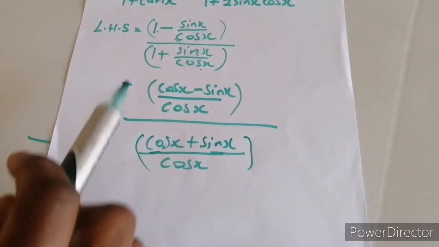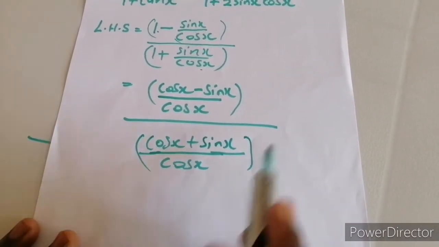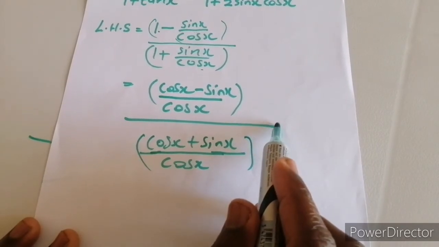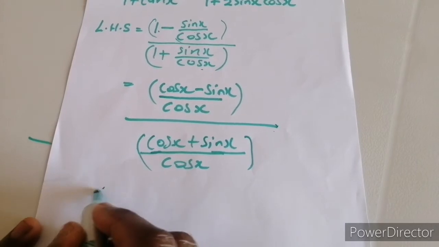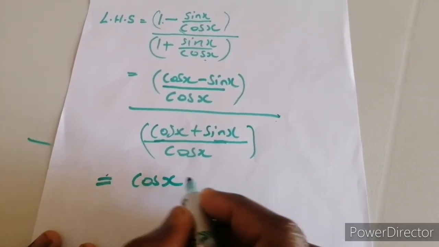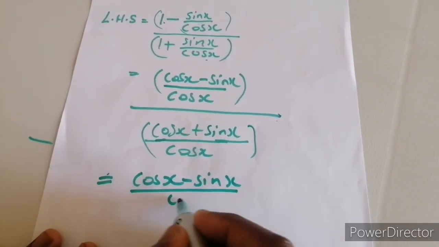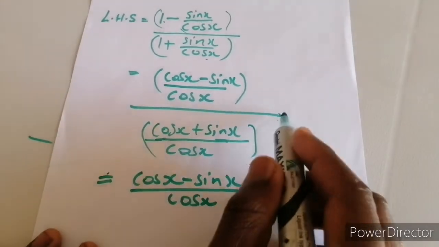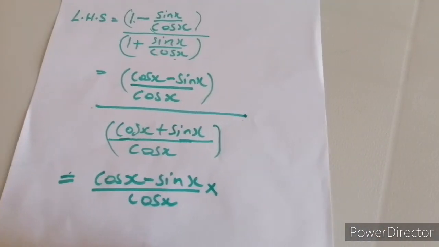So we have a fraction divided by a fraction again. Now we're going to change this fraction into a multiplication. Cos x minus the sine of x divided by the cos of x. Then now we change this division into multiplication because we have a fraction divided by a fraction.